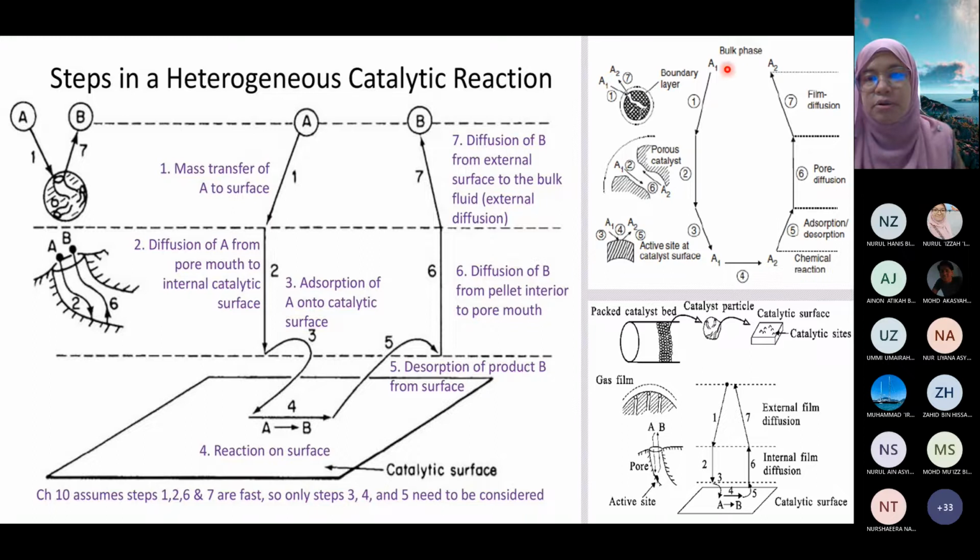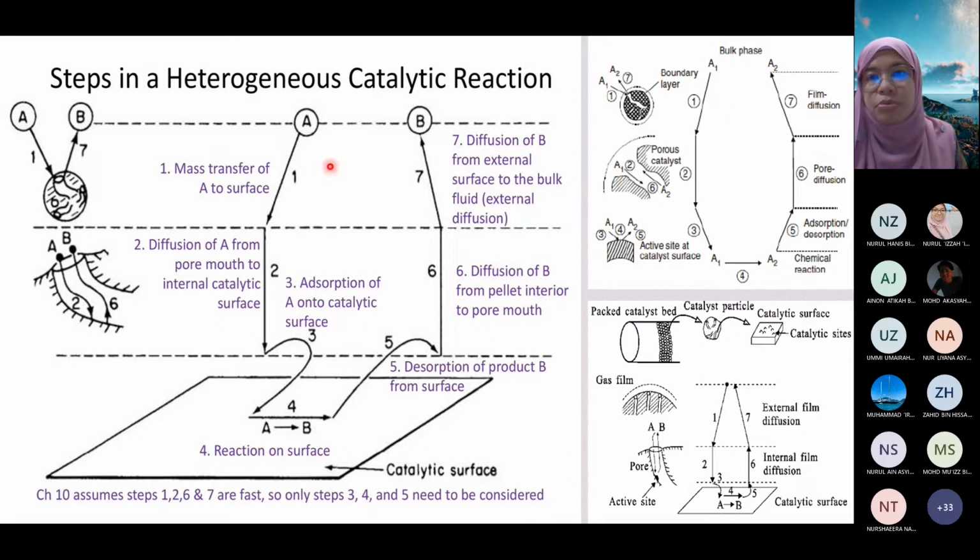Okay, so kalau the simple explanation, so from A to ni, yang ni tak nampak sangat lah what happened. So boundary layer saya dah cakap tadi yang ni. So yang ni very simple. But you can compare lah untuk tahu the process.